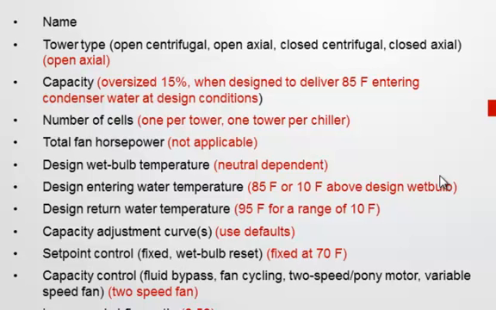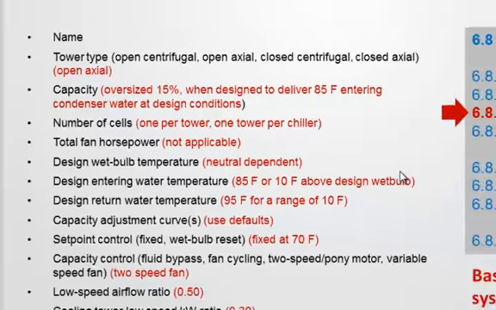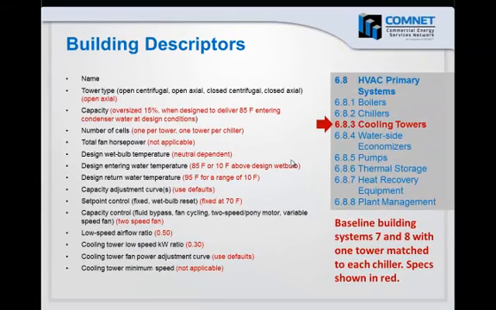The baseline building tower has a 2-speed fan for some modulation, and the low-speed airflow ratio is 0.5, and at that condition, the kW ratio is 0.3, and the default adjustment curves are used, and as I mentioned, we'll cover those in a bit more detail next week.